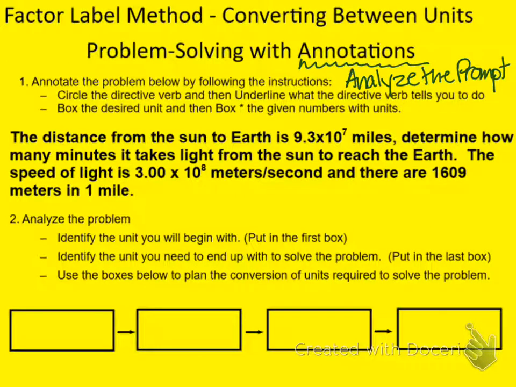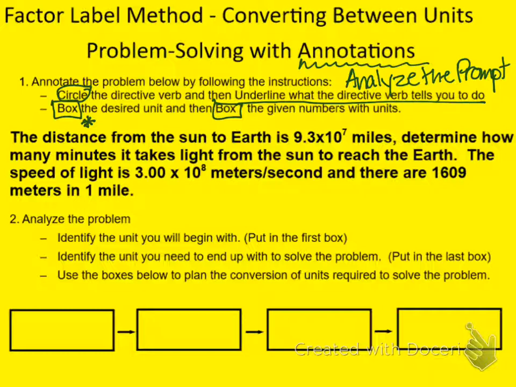So you'll see circle the directive verb, underline what it asks us to do, and in our strategy, we're going to be very specific about boxing the desired unit, and actually starring it, and we're going to just box the given value, because you often will have many things, and we want to star and emphasize the desired unit.